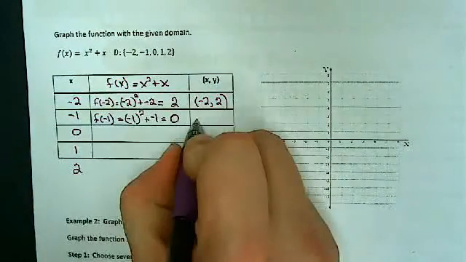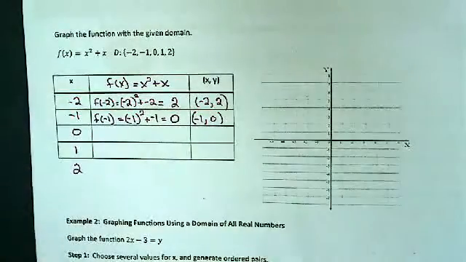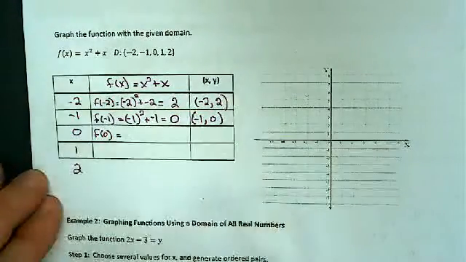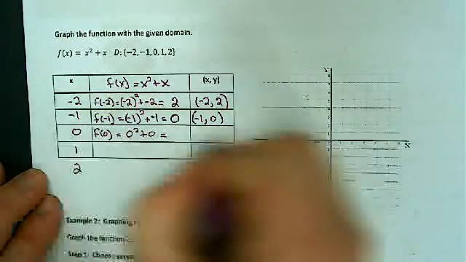So that's -1, comma 0. Let's go to the next one. F of 0. So 0 squared plus 0. That's easy, 0.